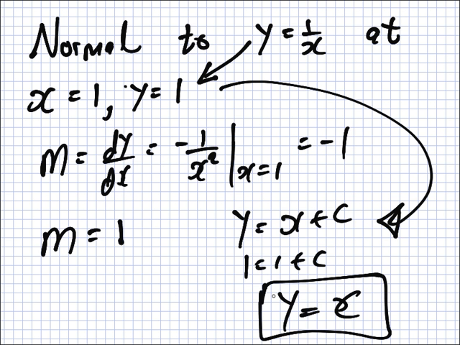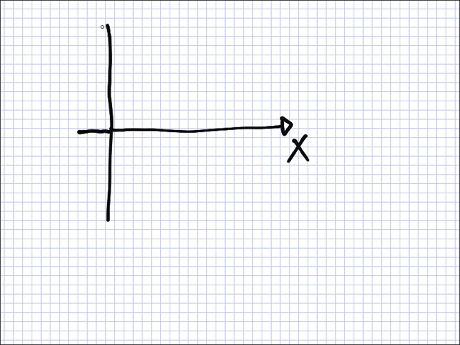Okay, so let's go back to tangent, but an application of tangent. Okay, let me draw a rough graph for you. If you can copy this graph down, x, y, and then we'll make the function y equals root x.